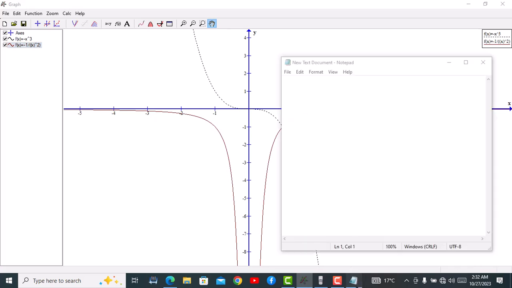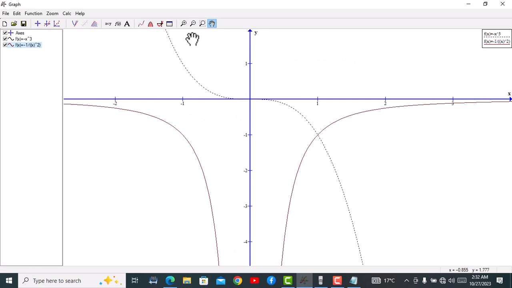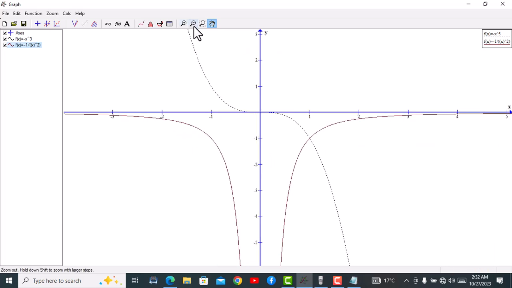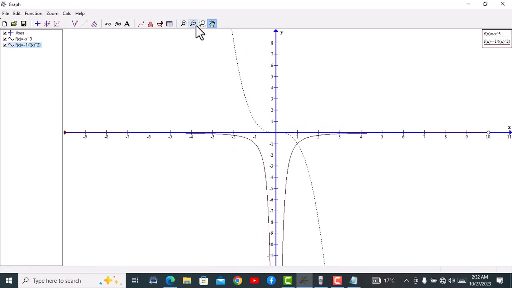We have 1, negative 0.71 as the point there, right? So let me repeat that.